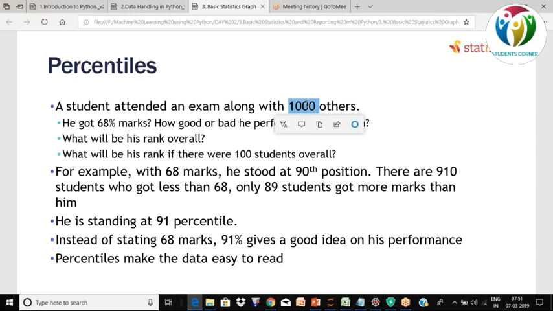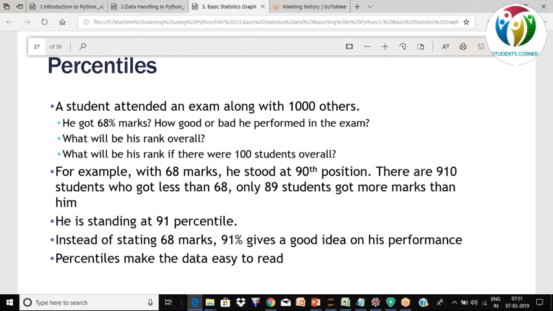So that gives a good idea on the performance. The percentiles give us a better idea on the distribution of the data. So percentiles make the data easy to read instead of just going by percentage. Any questions on this percentile? I hope this is clear.